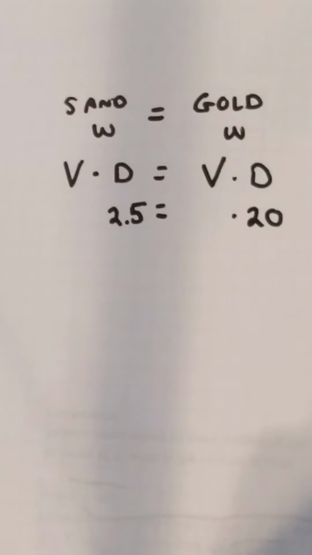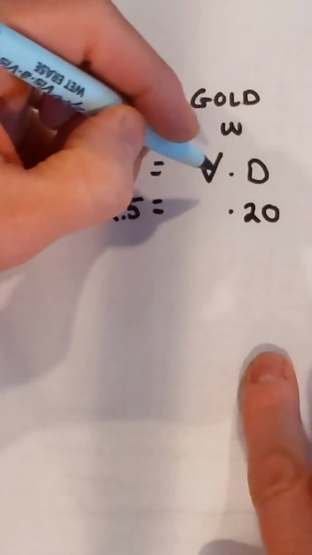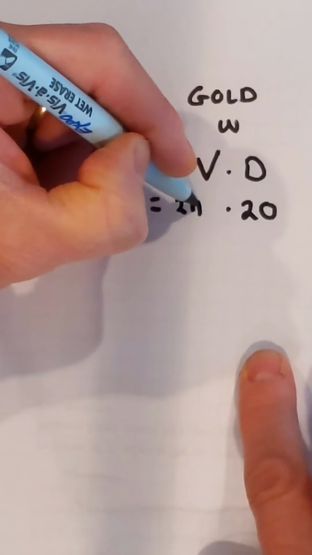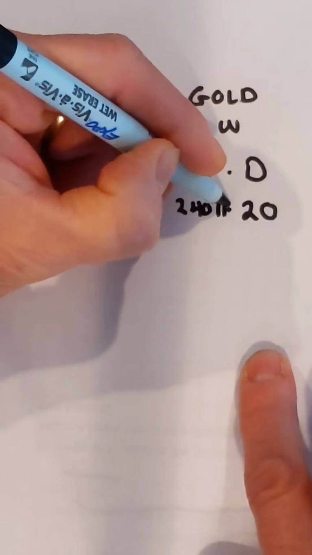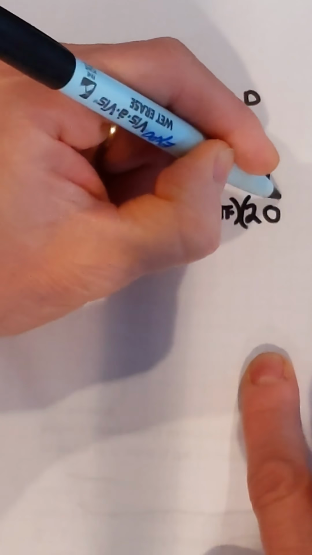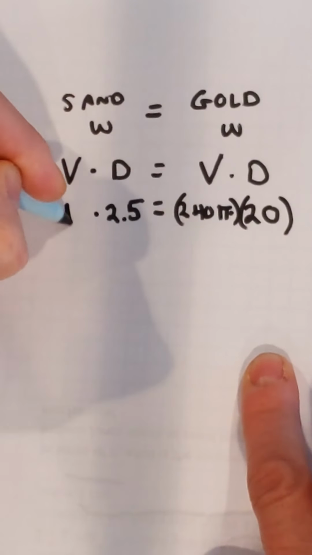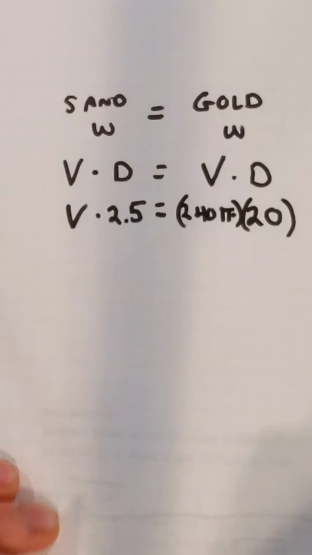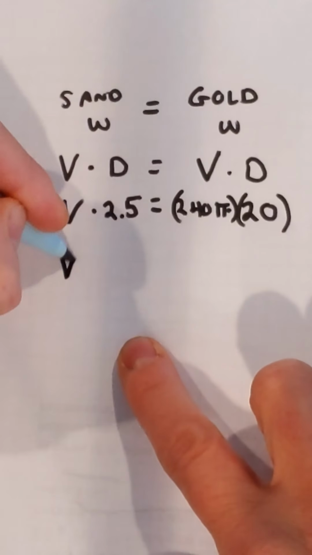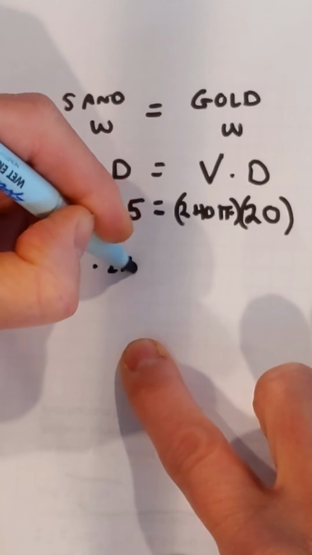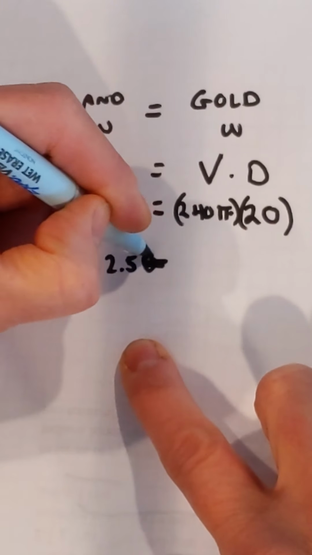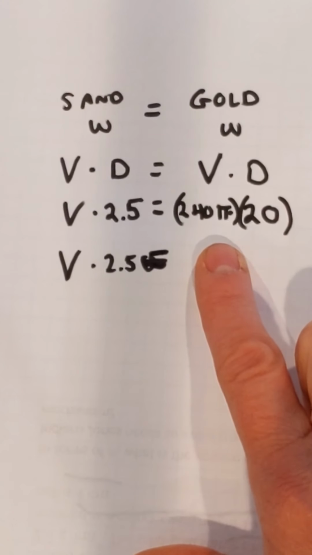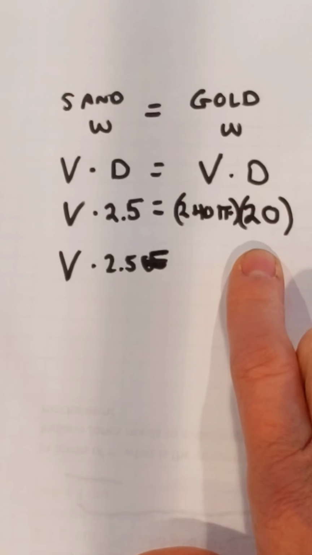Now, why did I do that? Because now I can come over here and say I found the volume of the gold was 240 pi times my 20. Now over here, I hope the question asks me for the volume of the sand. Because if I look at this, I get the volume of the sand times 2.5 equals 240 times 20 pi.